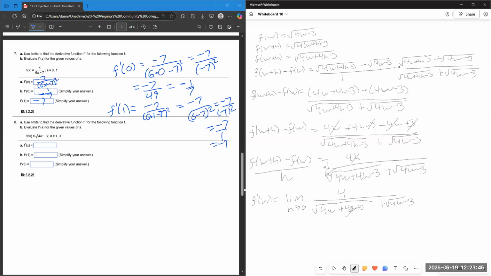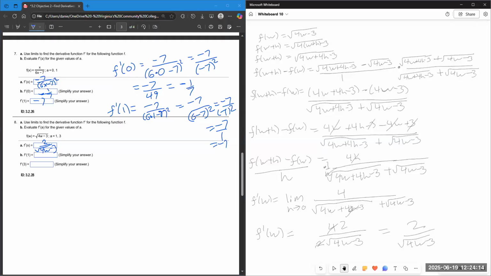The h's are going to go to 0. f prime of w is 4 over 2 times root 4w minus 3. And then 2 goes into 4 2 times. It's 2 over root 4w minus 3. I don't think they rationalized the answer.